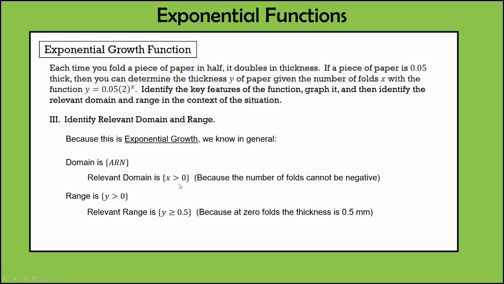So really, because we're only going to input positive x's, this number is going to start at 0.5, and it's going to get bigger from there. So really the relevant range is from 0.5 and up. Y values are going to be bigger than 0.5 because this is the thickness at 0. So I mean, we could say it's bigger than 0, but we can be more specific because we know we're going to begin at 0.5. So that's a little bit about applying other ideas to these rather than just graphing them.